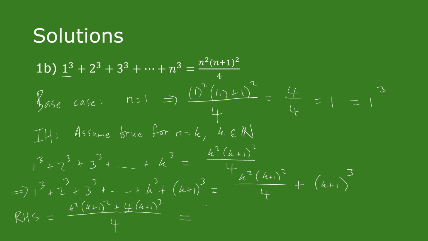If we factor out k plus 1 squared, we have k plus 1 squared into, let me make square brackets just to be more explicit, k squared plus 4 times k plus 1. Remember the k plus 1 cubed, this was a cubed here. So when we factored out k plus 1 squared, we're still left with k plus 1. And this is all over 4.